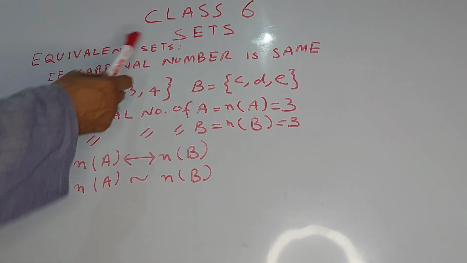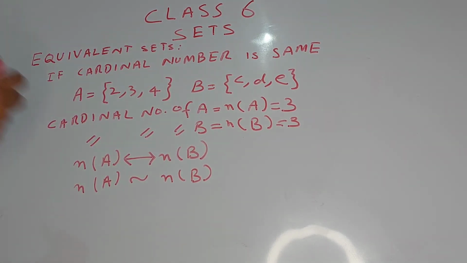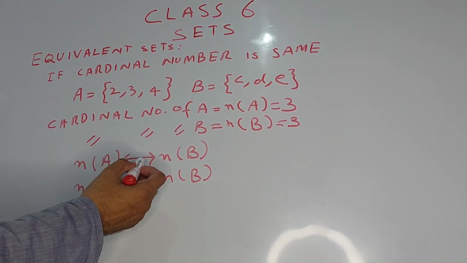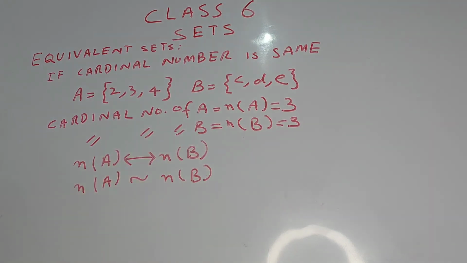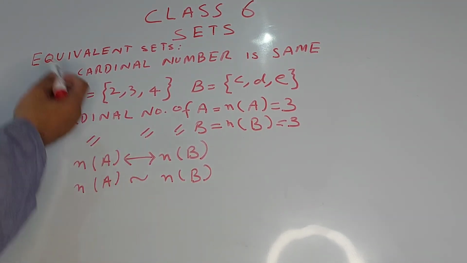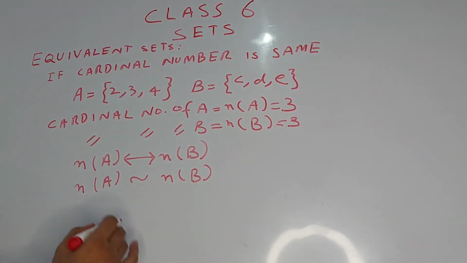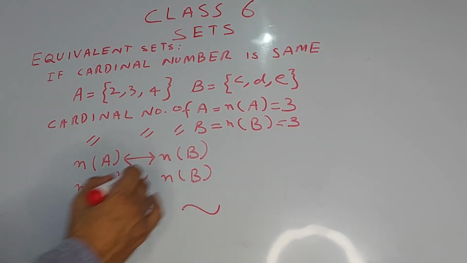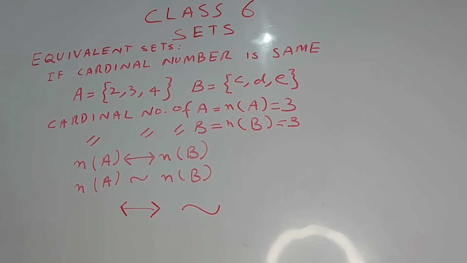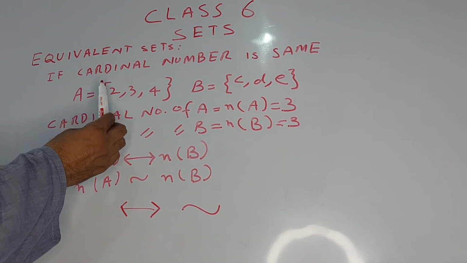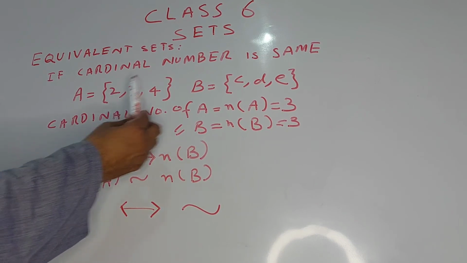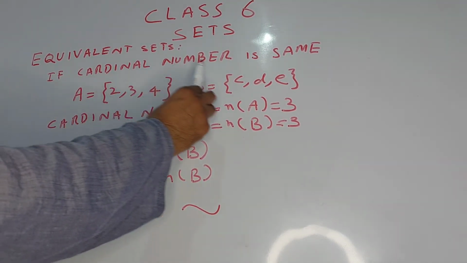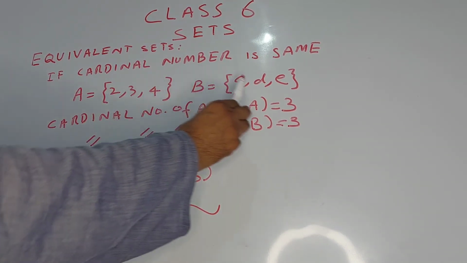We denote equivalent sets with this symbol, n(A) equivalent to n(B), or sometimes we denote equivalent sets with this other symbol. So these two symbols are used to denote equivalent sets. Here we only check the number of elements, not whether the same elements are contained in set B, only the total number of elements.